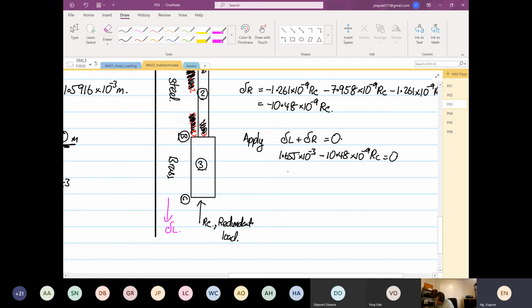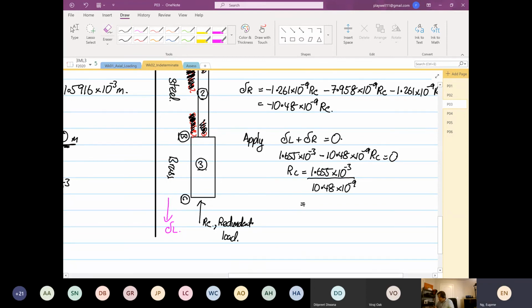So RC is equal to 1.655 times 10 to the power minus 3, divided by 10.48 times 10 to the power minus 9.